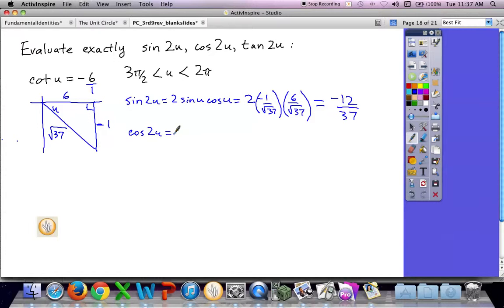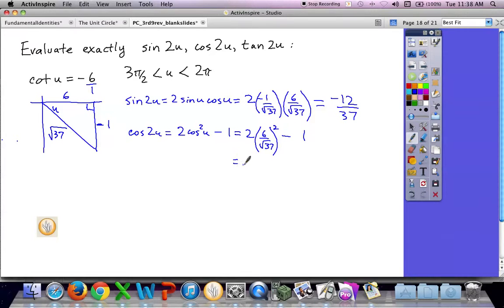Right? The cosine of 2u. Remember, you have 3 different formulas that you can use for this. But I think I'll use 2 cosine squared u minus 1, which will be 2 times, the cosine was 6 over the square root of 37, minus 1. Oh, sorry, that was squared.